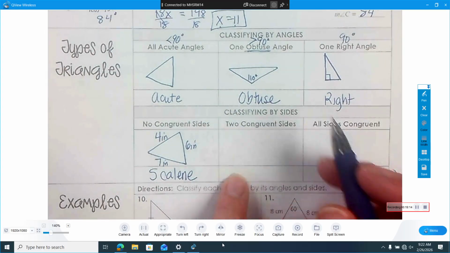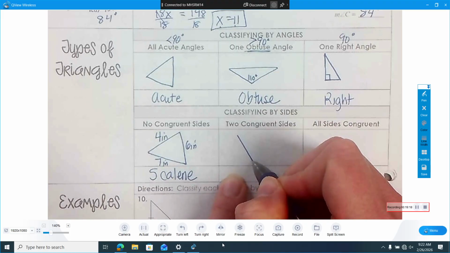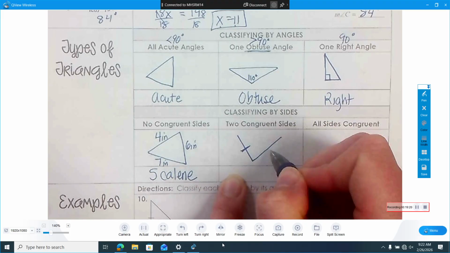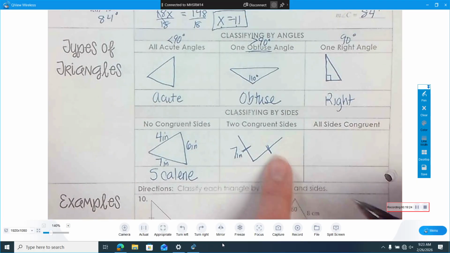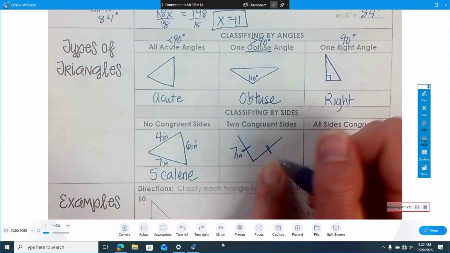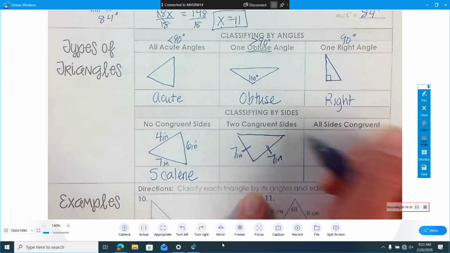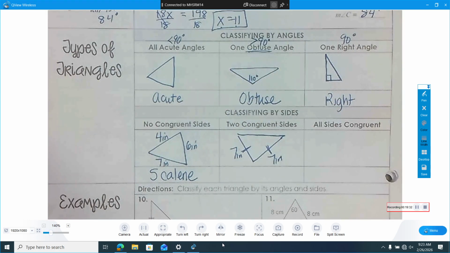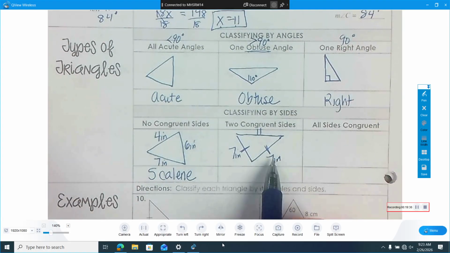Two congruent sides. Two sides of my triangle match. Congruent, they are the same. Maybe if this side is 7 inches, what's the other side? Also 7 inches. I don't know what the third side is, but it's different than the 7. So maybe it's like 11. But here, two congruent sides.